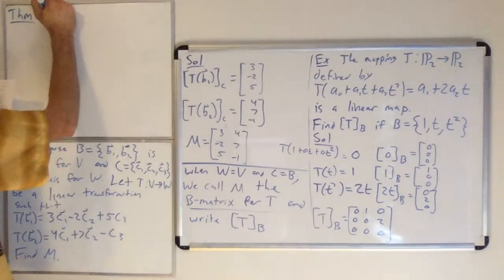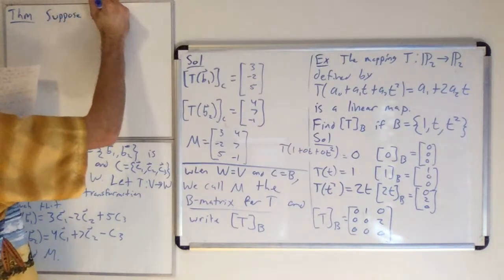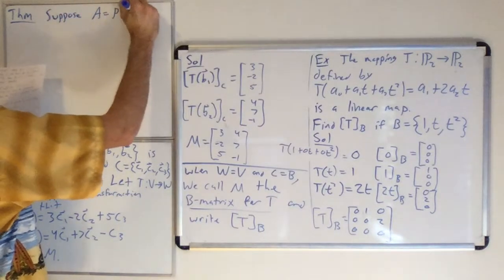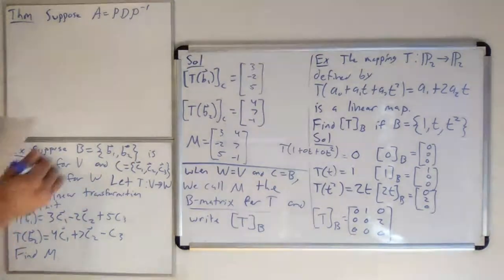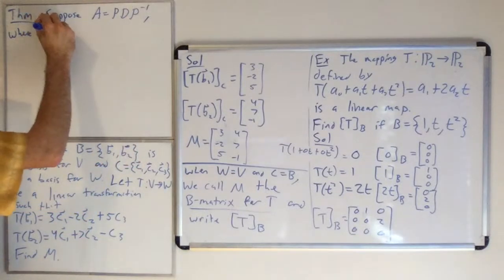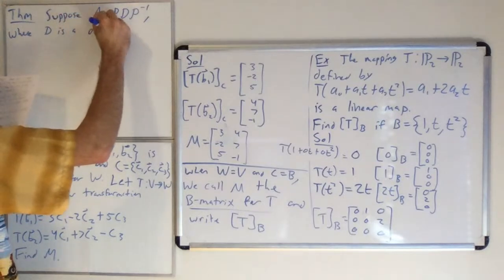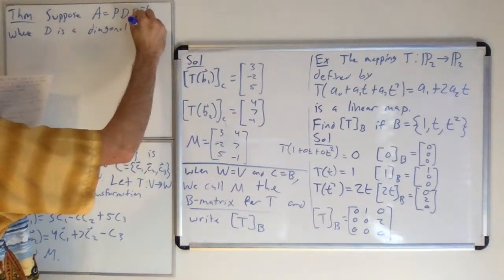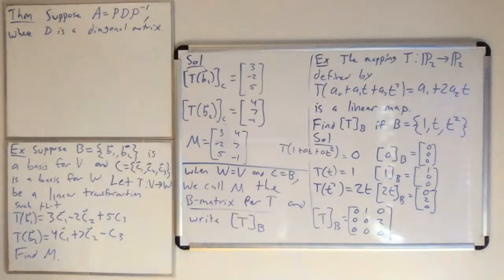Okay, so suppose A is diagonalizable. Okay, so A is equal to P D P inverse.